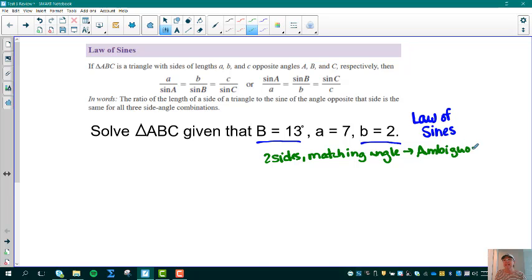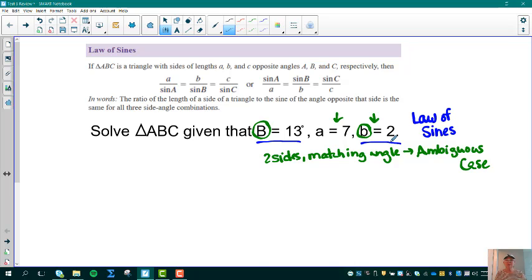We have two sides, side A and side B, and an angle that matches up with one of the sides. So we've got some options here. Either there's no triangle, there could be one triangle, or there could be two triangles.